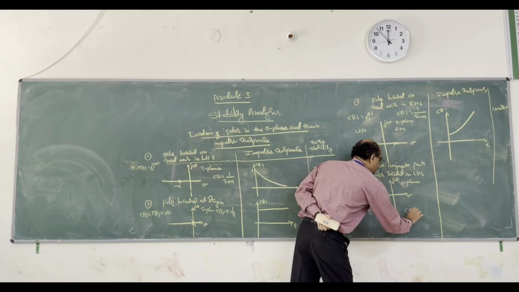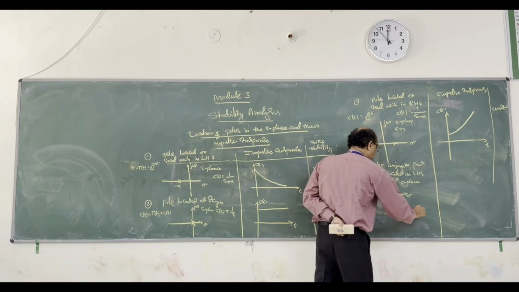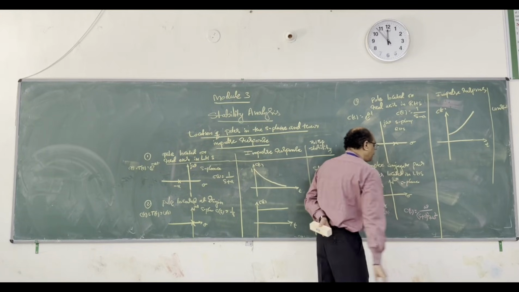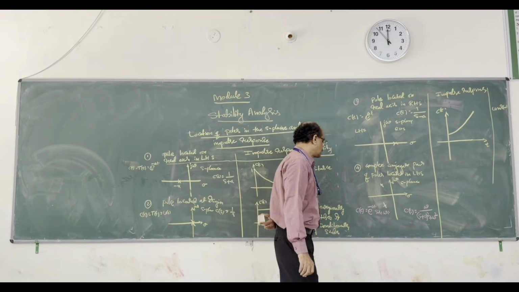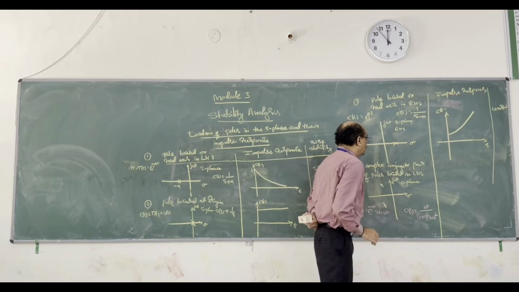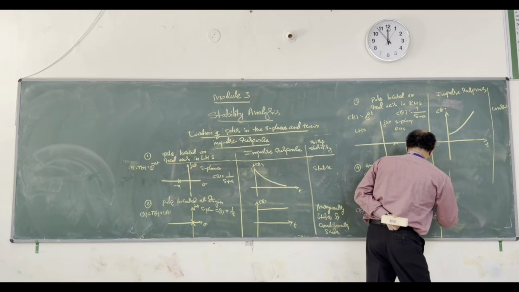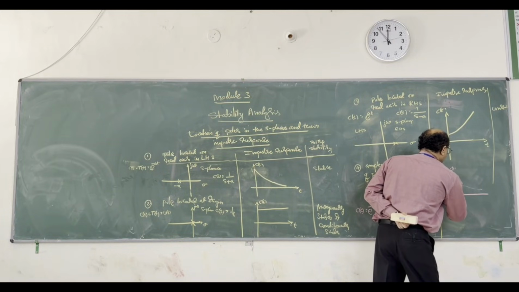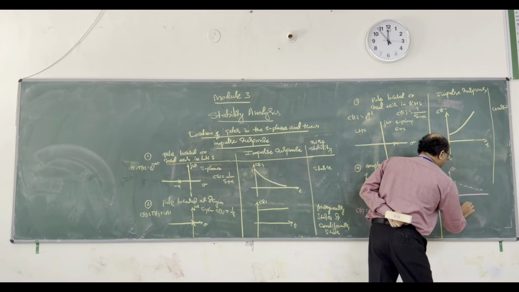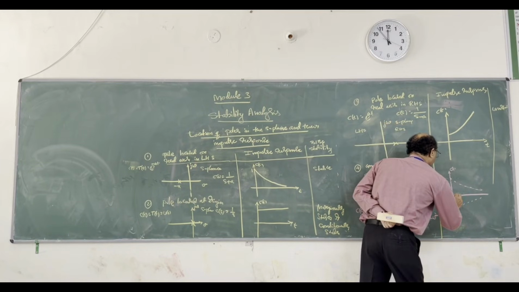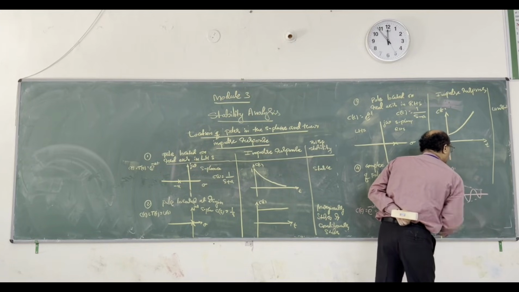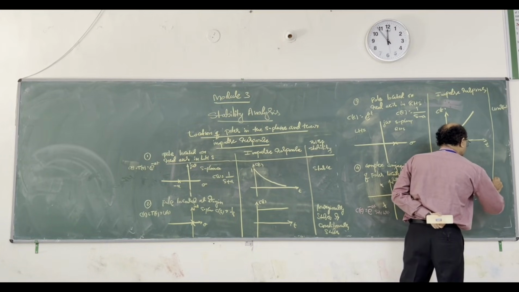The Laplace transform is omega over (s plus a) whole square plus omega square. The response is an exponential decay, which goes on decaying, that is stable.